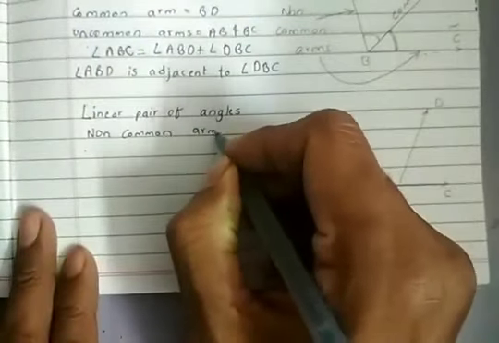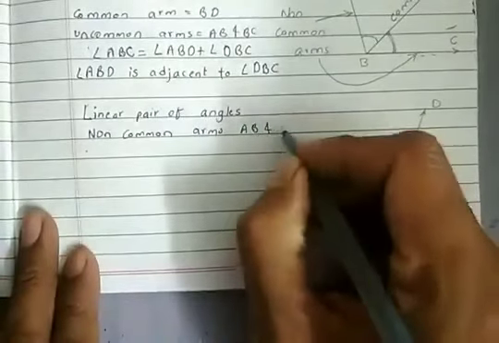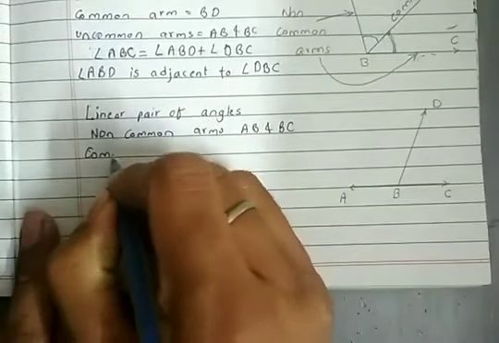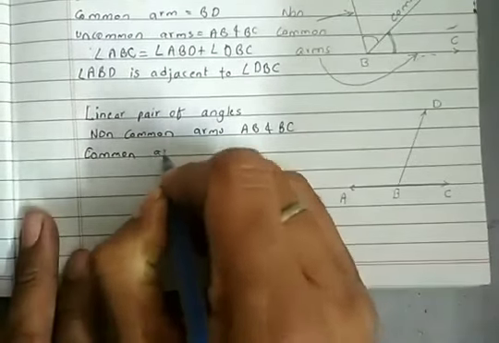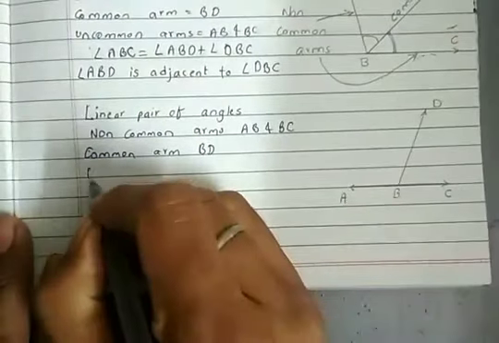Non-common arms are AB and BC, right? Common arm is BD, right?